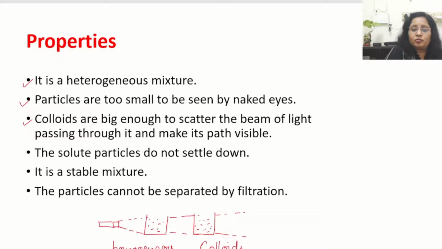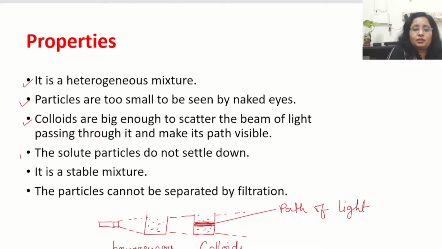But in the case of colloid, the particles are comparatively big enough to scatter the beam of light and the path of light is visible. So this is the difference between the homogeneous solution and colloid. This is called the path of visible light.